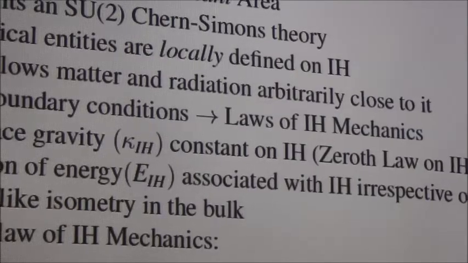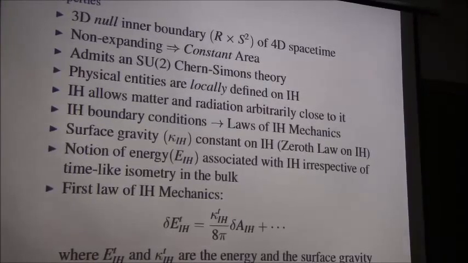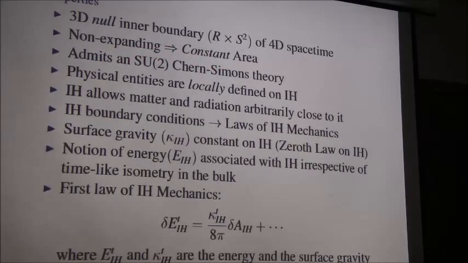Here are some properties just to ensure that this actually represents a black hole spacetime in a more generic sense. The cross sections of the isolated horizon are of constant area, and since this is an inner boundary of spacetime, to make the action differentiable you have to have a Chern-Simons theory on the boundary. Professor Majhi already talked about that.